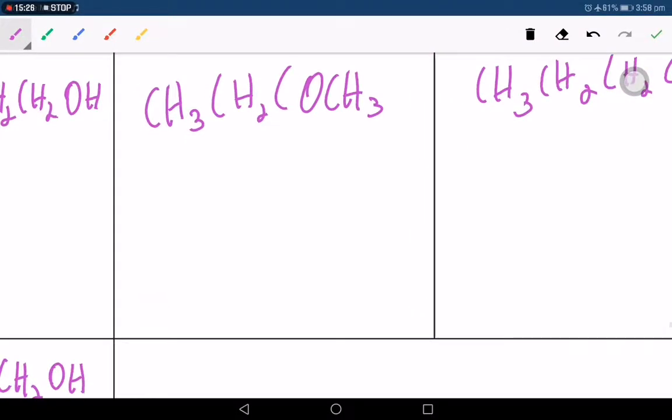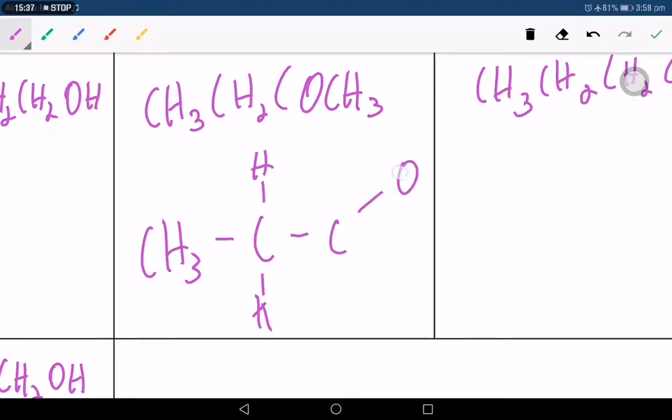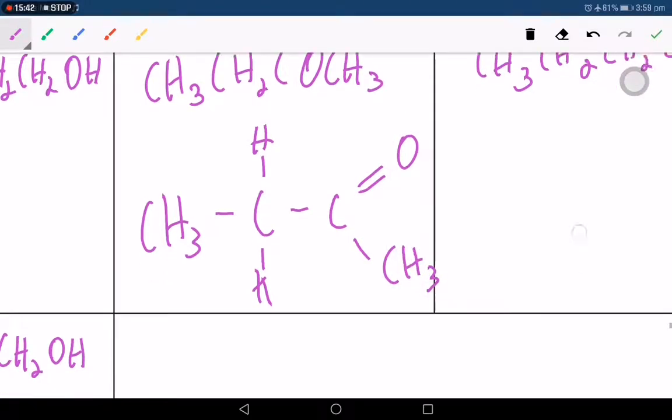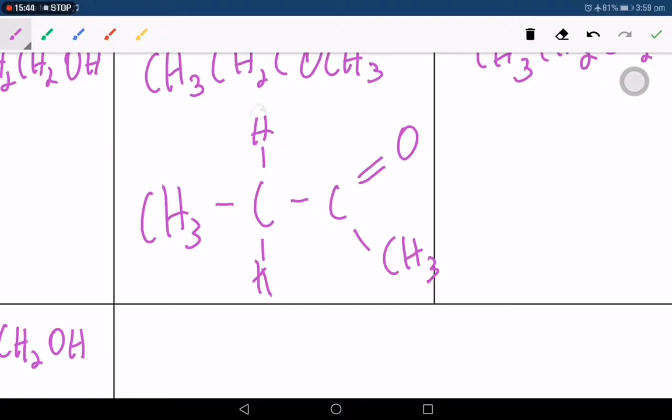So if we draw this up, it'll be like this, CH3, CH2. I'm just drawing this up for simplicity's sake. COCH3. This is a double bond, of course. So here you can see there's an H here, there's the same H here.